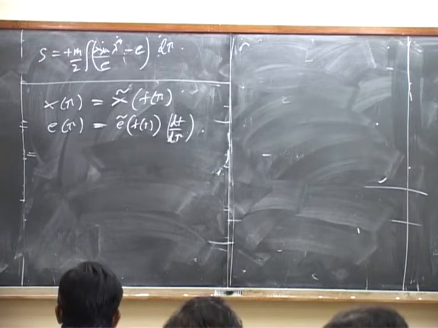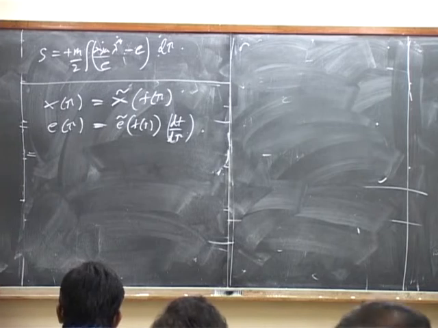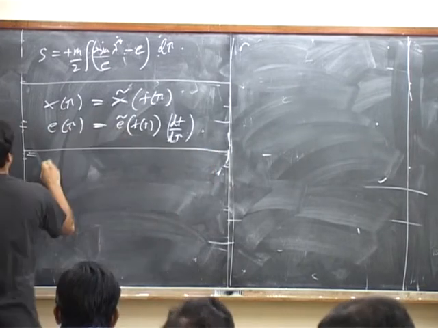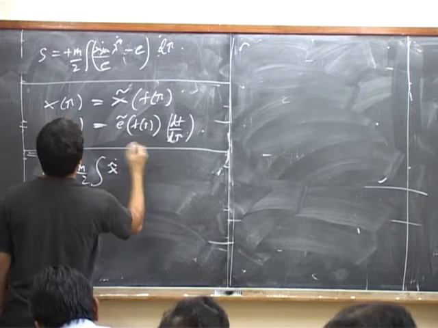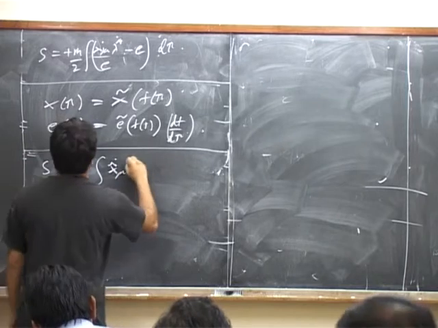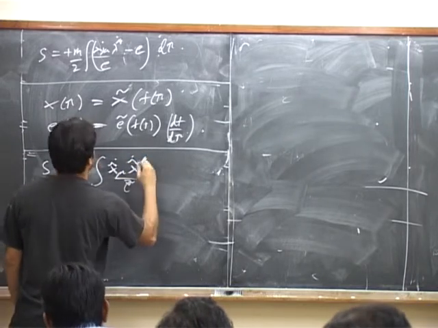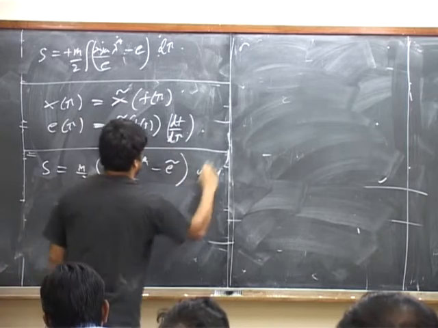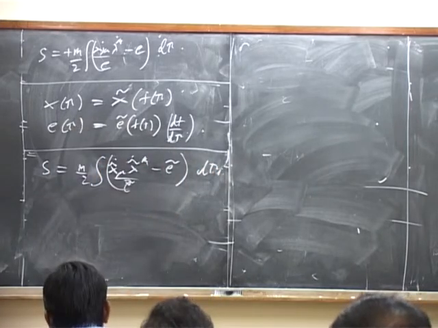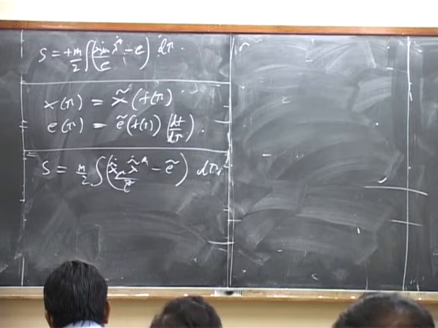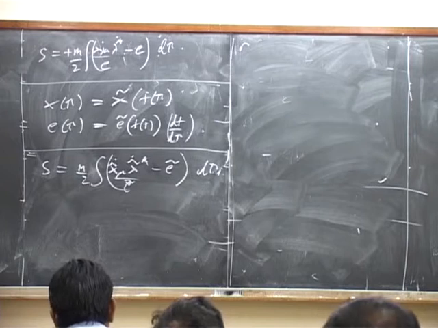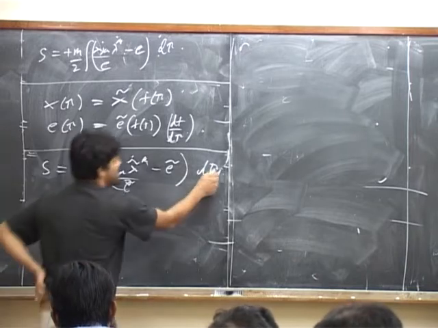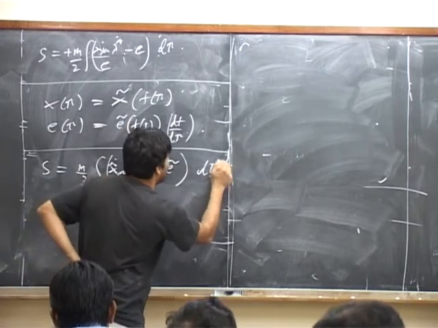As exercise number 3, all these are 2-minute exercises. Okay? I want you to check that this action can be rewritten as m by 2 x tilde dot mu x tilde dot mu by e tilde minus e tilde, with an appropriate redefinition of what this tau is.